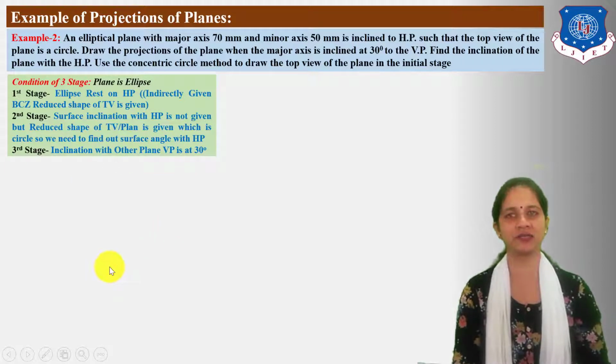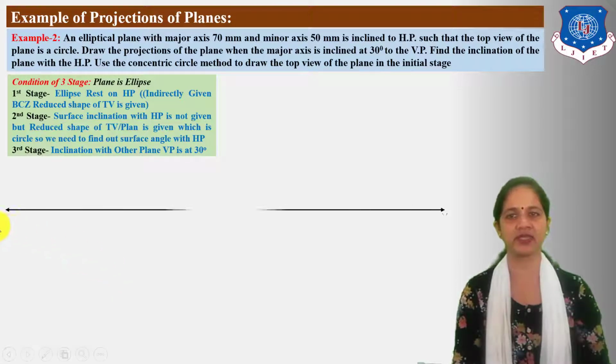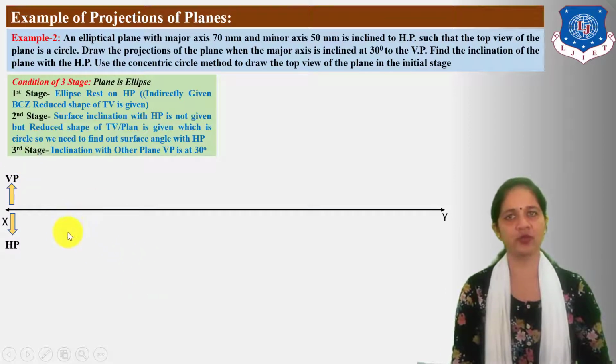So first let us draw the top view and front view of the resting stage with reference to XY. Here, below the XY line, assume the horizontal plane, and above the XY line, assume the vertical plane. First, draw the true shape of the ellipse in top view below the XY line.